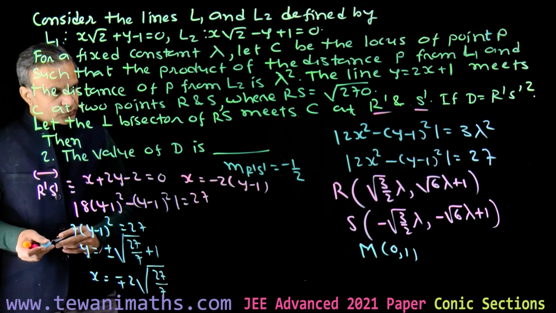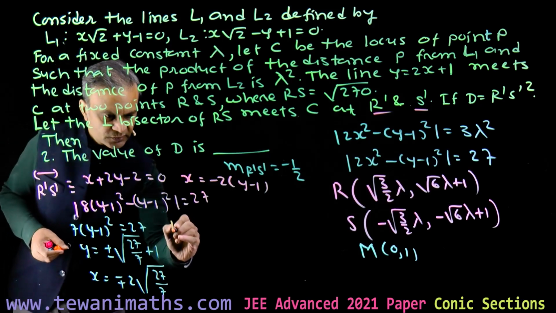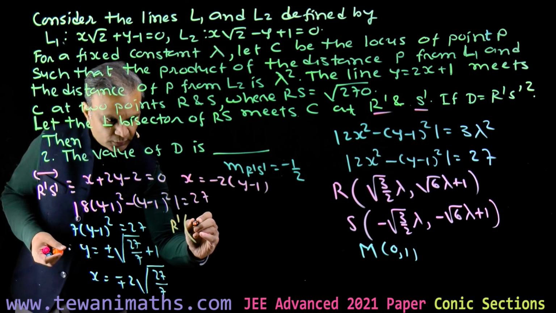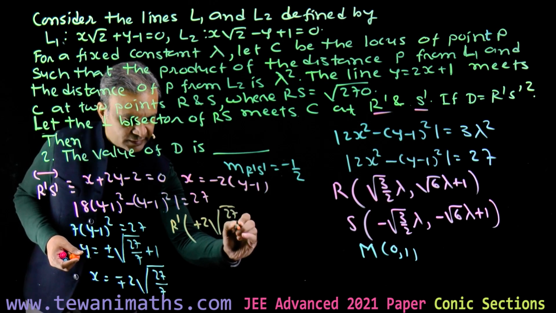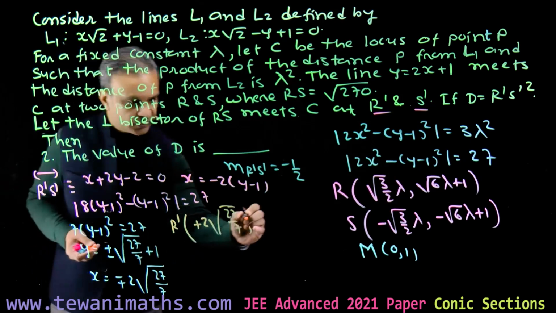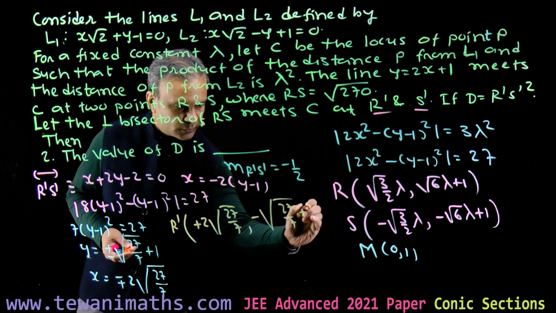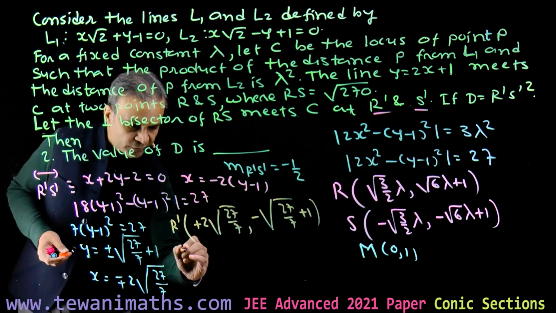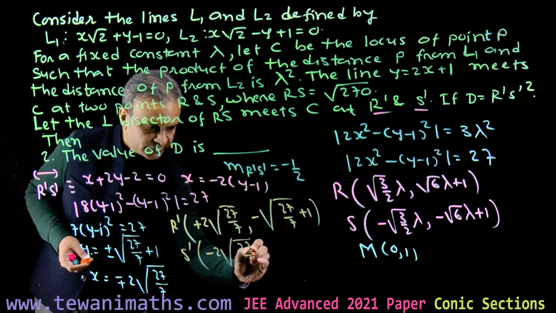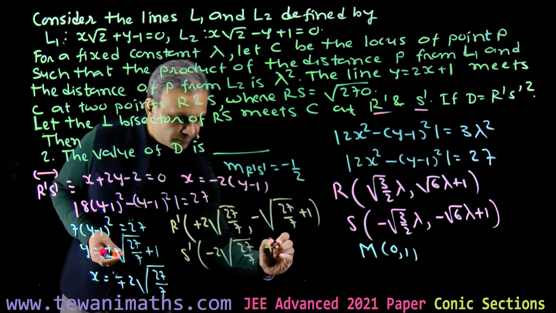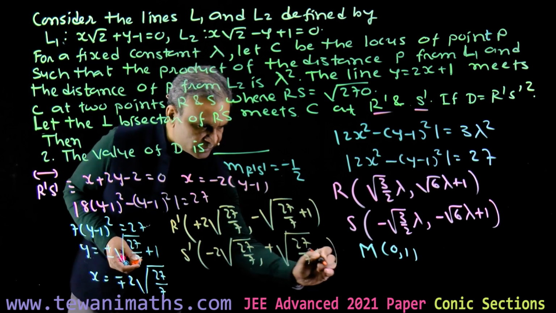So we now have the coordinates of R dash and S dash. Suppose the abscissa of R dash is plus 2 into root 27 over 7, so its ordinate will be minus root 27 over 7 plus 1. So coordinates of S dash will be minus 2 into root 27 over 7, comma, plus root 27 over 7 plus 1.